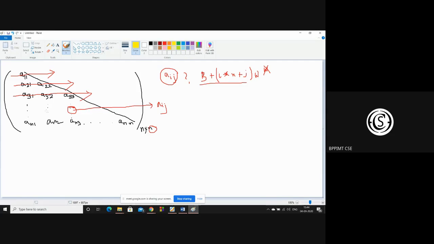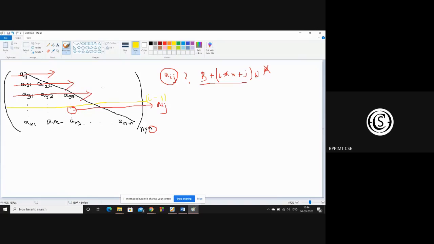So we have to take i minus 1 number of rows completely, because we are entering row wise. We scan the first row, then the second row, then the third row, up to the i minus 1th row, full complete rows.